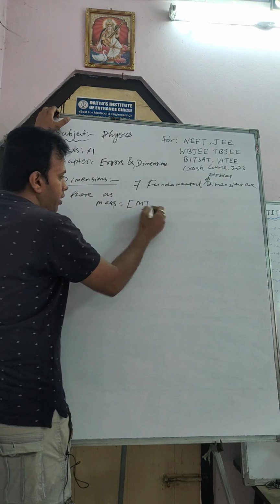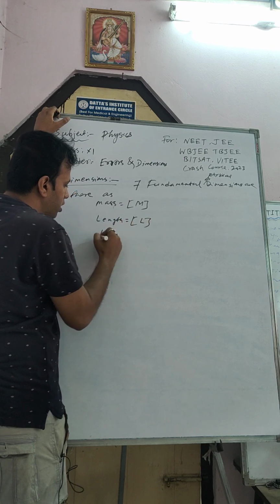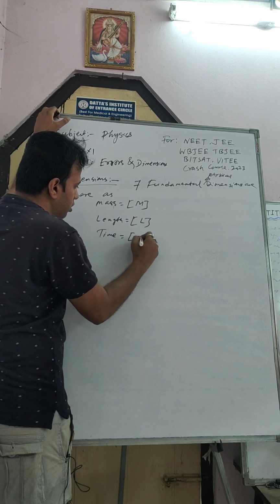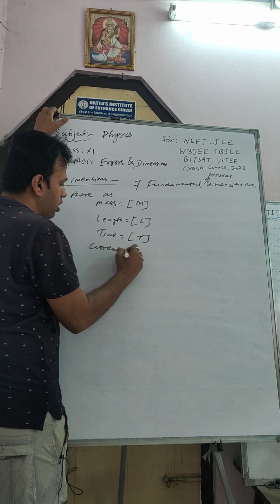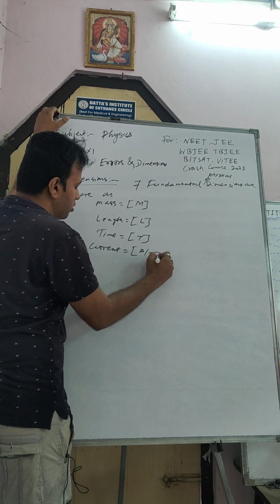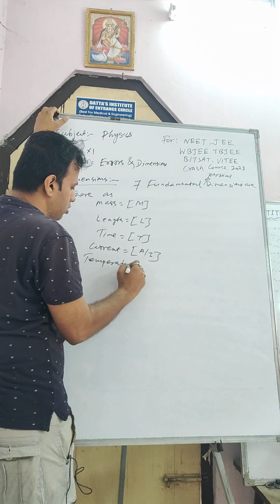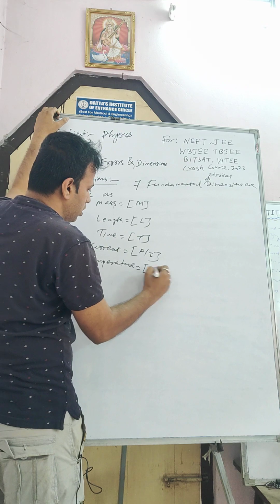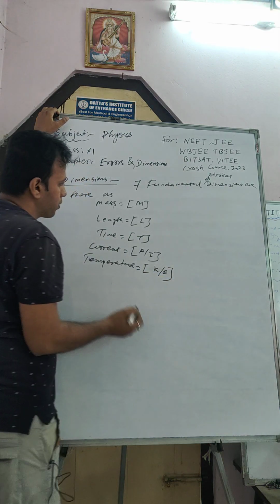The mass is m, length is l, time is t, and current is A or I, and temperature is denoted by K or theta.